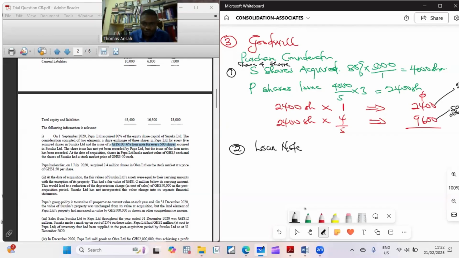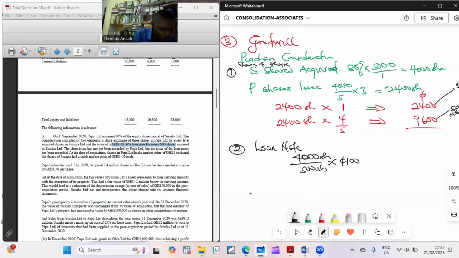Now watch this. The loan note, we were told that for every 500 shares acquired. The shares that were acquired was how many shares? 4,000 shares. So for every 500 shares acquired, you are issuing out a 100 cedis 6% loan note.